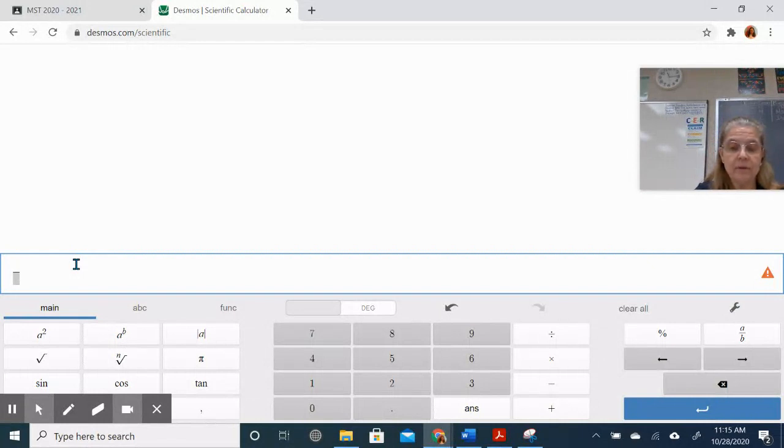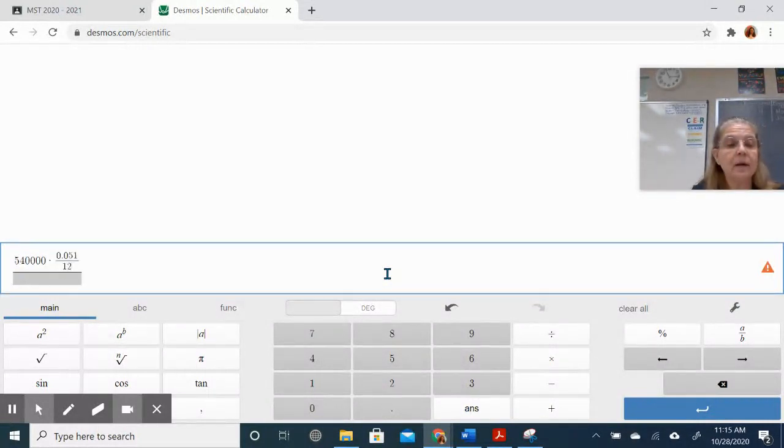So everything on the left is the 540,000, and that's going to be multiplied by the little fraction that was on the bottom, 0.051 divide by 12. So all of that now becomes my numerator. And I'm dividing that by everything that was on the right side of the equal sign.